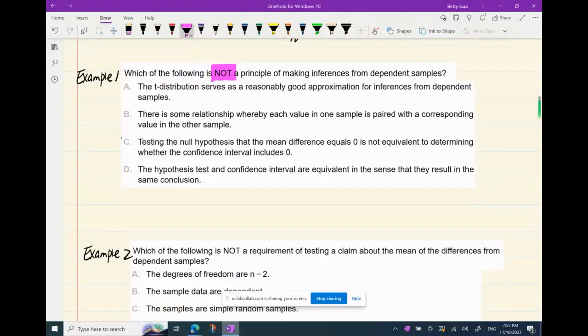Option C, testing the null hypothesis that the mean difference, mu sub d, equals 0 is not equivalent to determining whether the confidence interval includes 0.